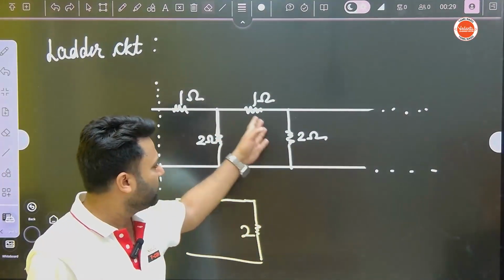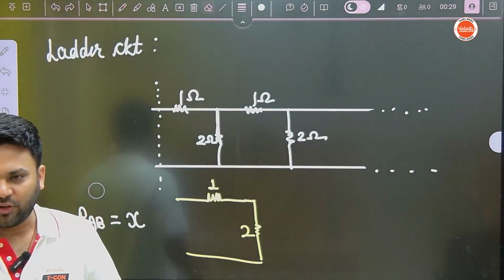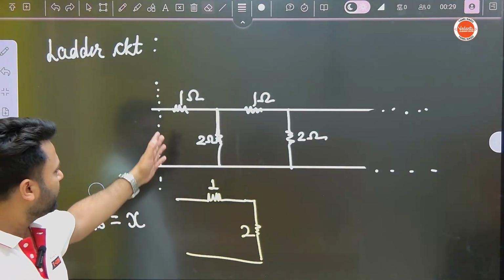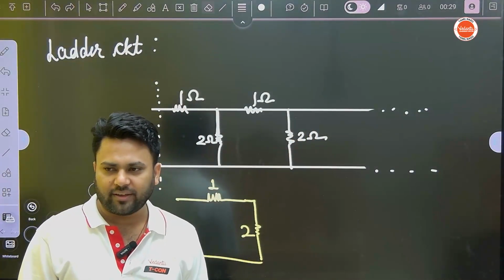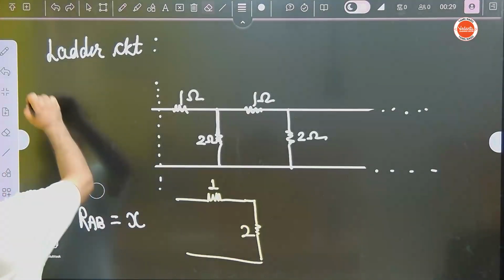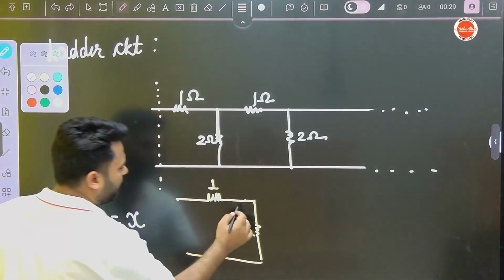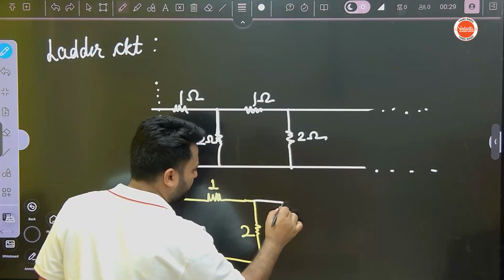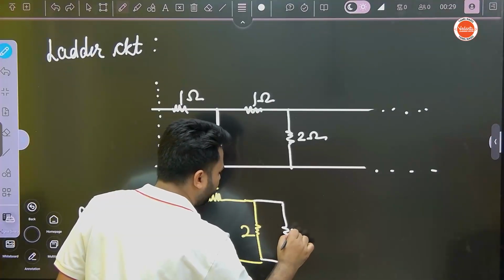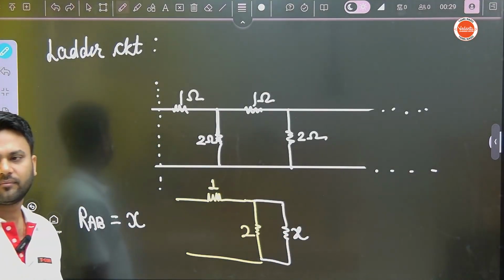Same thing, na? 1, 2, 1, 2, 1, 2. You have removed only one thing. So same thing. So this answer will also be what? X. Means whatever was behind this, its answer will also be X.